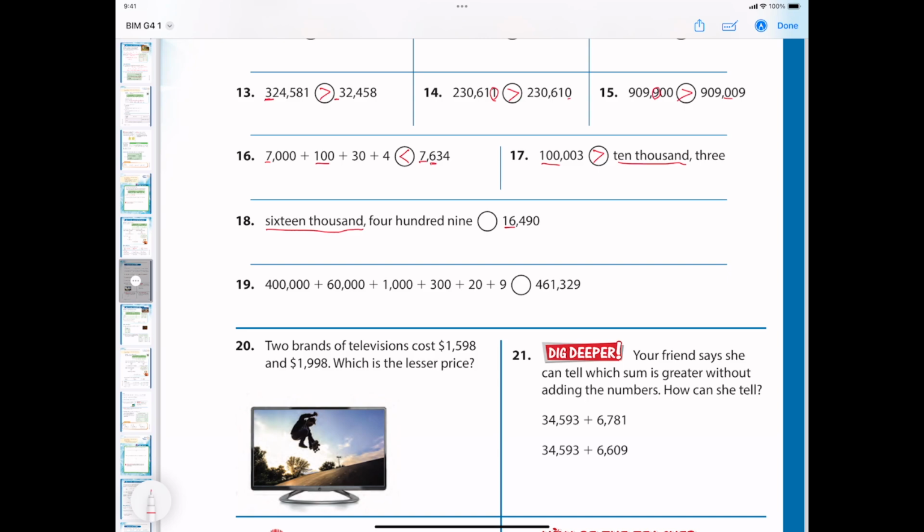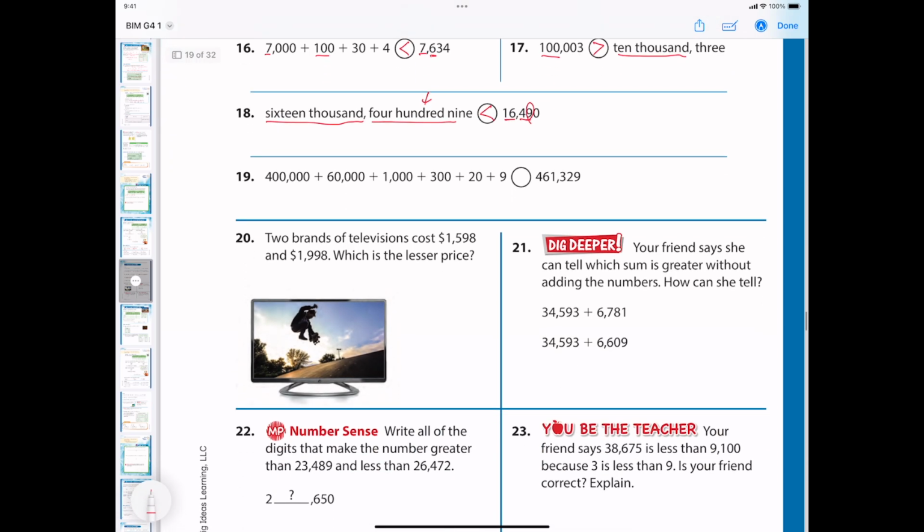Good. 409. 490. Yes, it has tens place, but this word form number has no tens place. Okay, number 19. Okay, 400,000. Okay, same. 60,000. Okay, 1,000. Okay, 300. Okay, 29. Yes, they're equal.